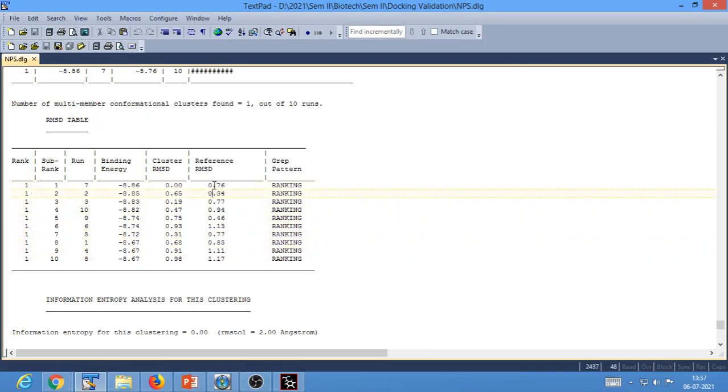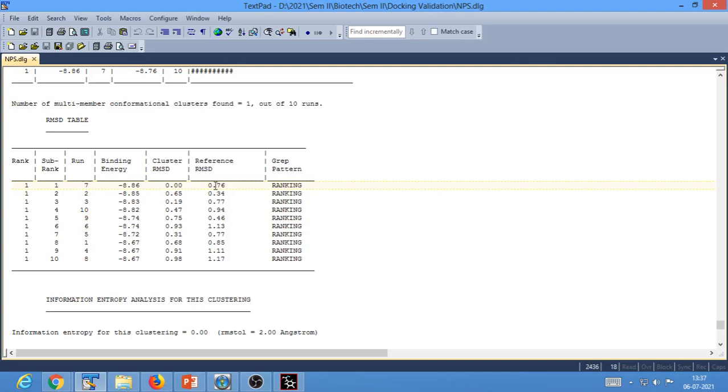So the values in this table say what the RMSD is between a particular predicted pose and the experimental pose, or what we call the reference pose.